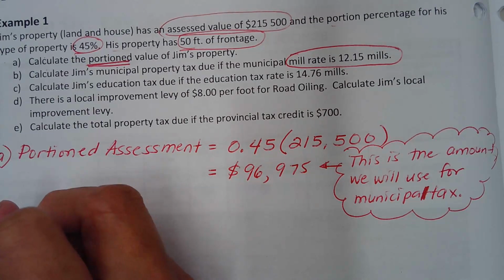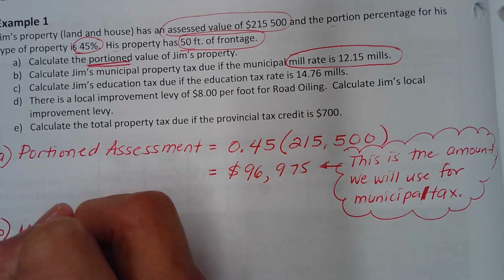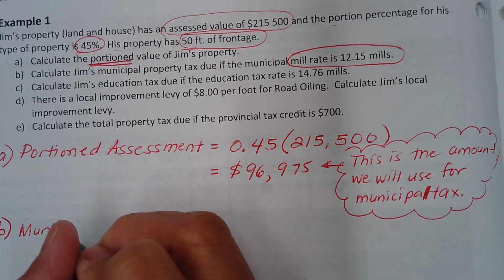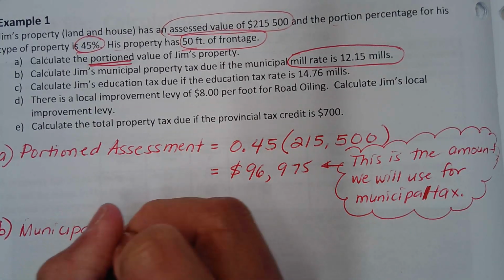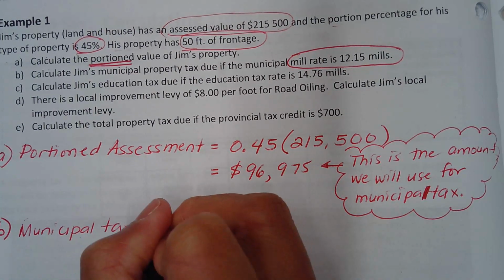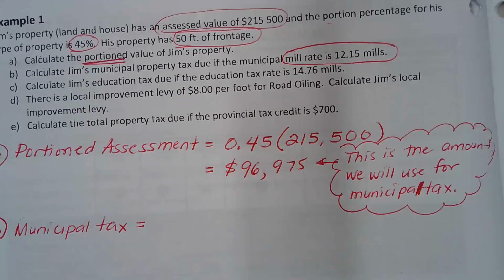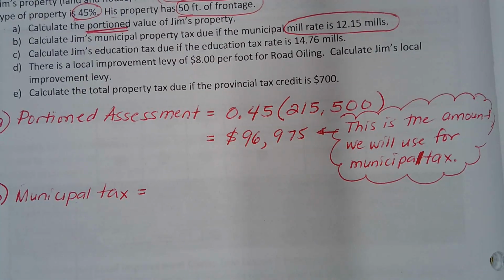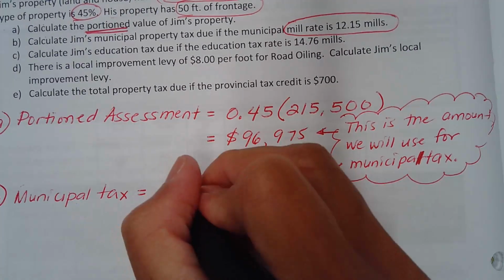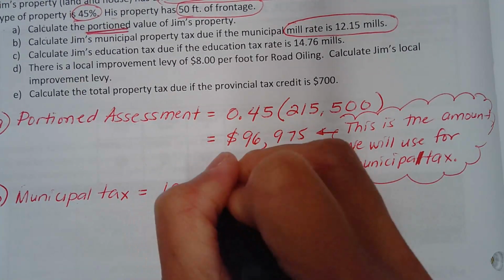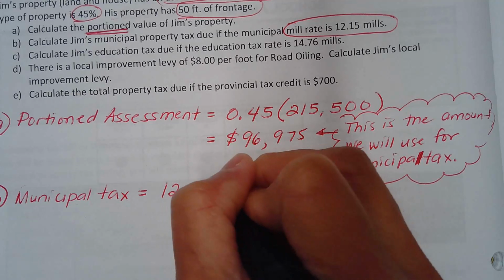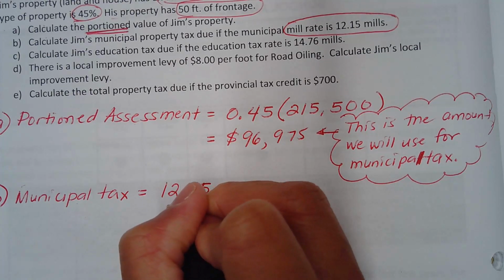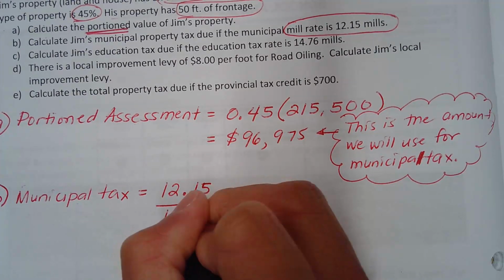So municipal tax is equal to the mill rate, 12.15 mils divided by 1,000.